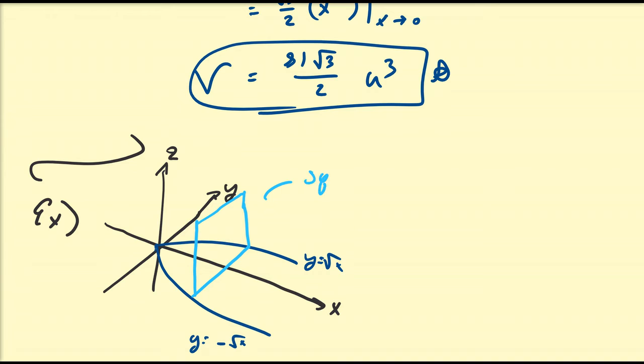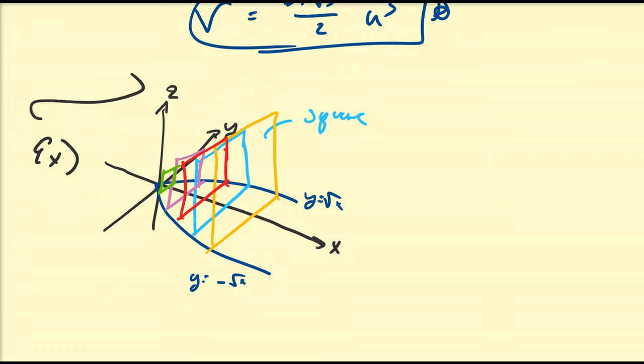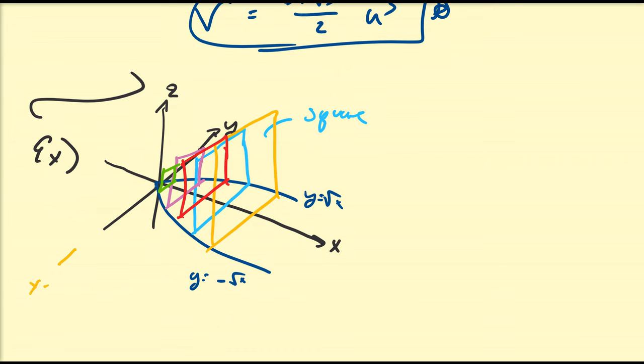Right, so let's assume this is a square. So that would be one square. That would be another square, another square, and another square. And you should be able to see the solid that would be generated. And again, we'll go from, say, x equals 0 to x equals 9, and sum up all of those squares to get some volume.